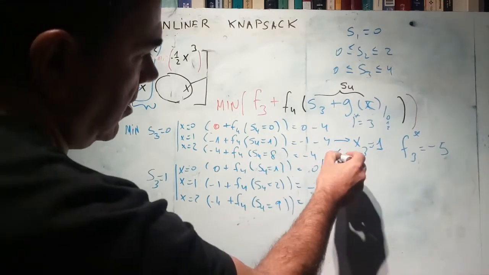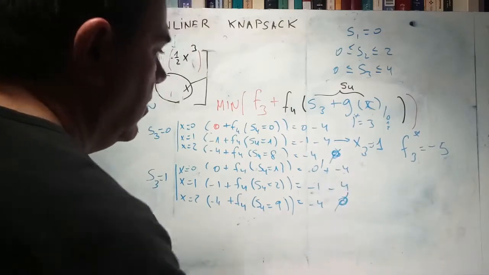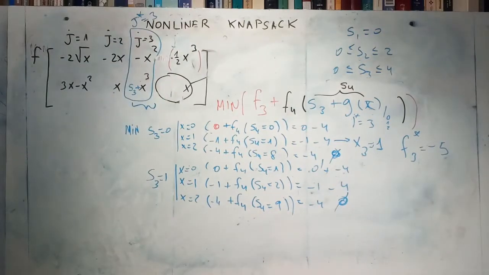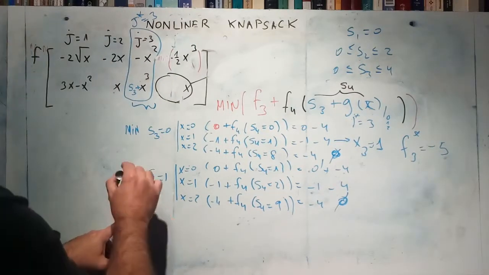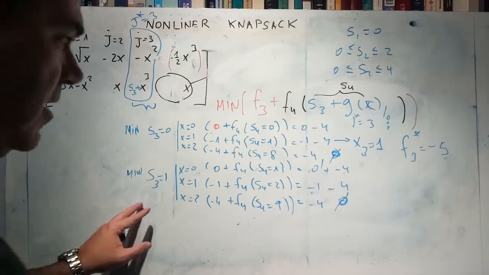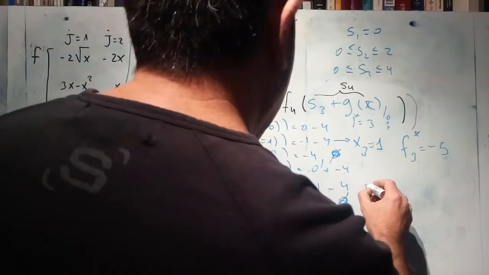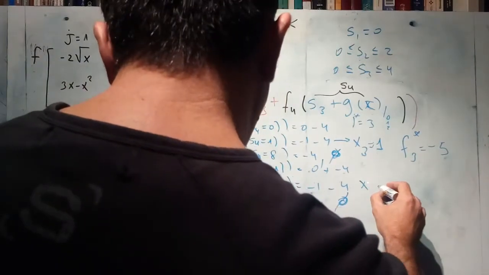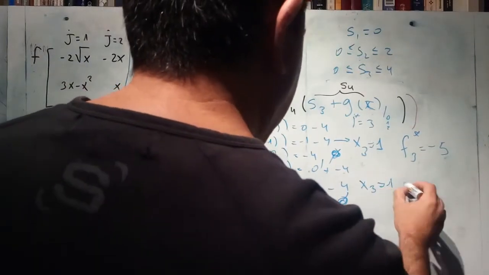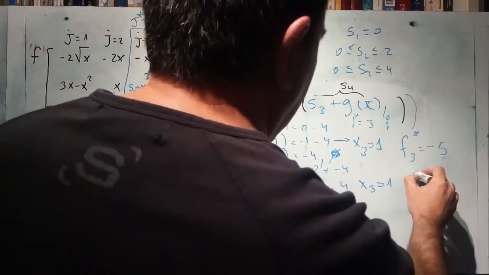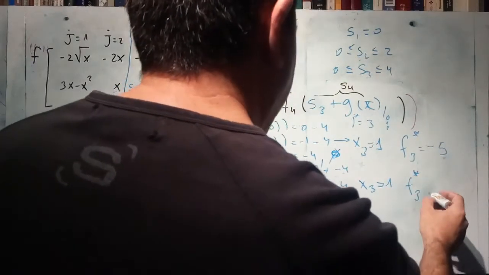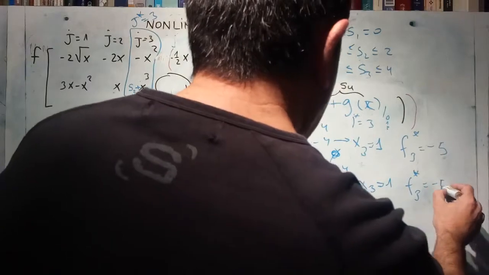This is why I put a null here, null and null, because it does not exist. The minimum of these three quantities lies again in the middle, minus 4, minus 5. So x3 being 1 and f star minimum over f3 is minus 5.